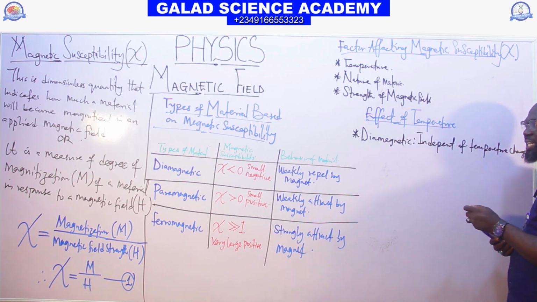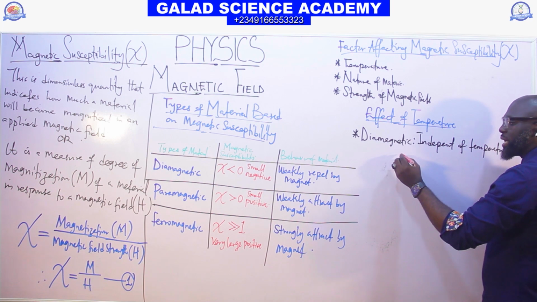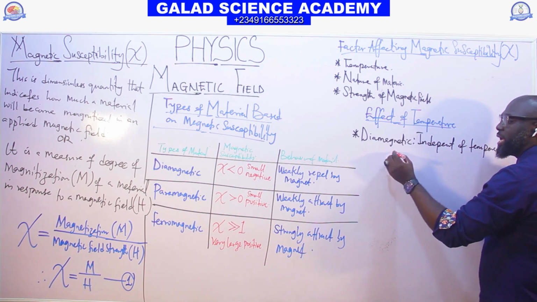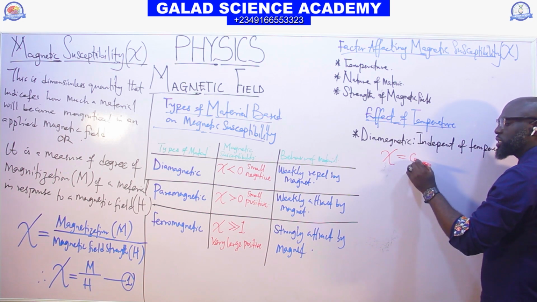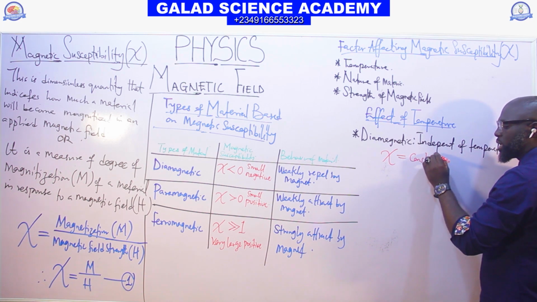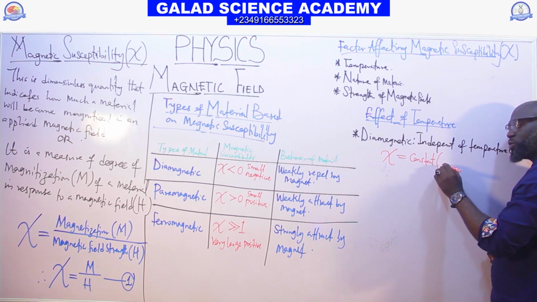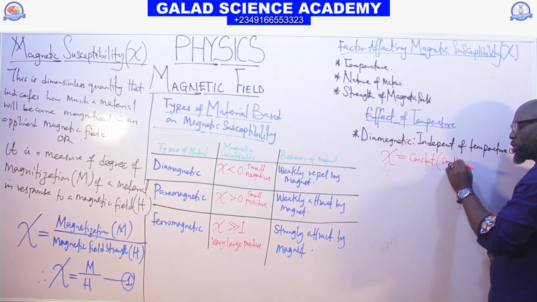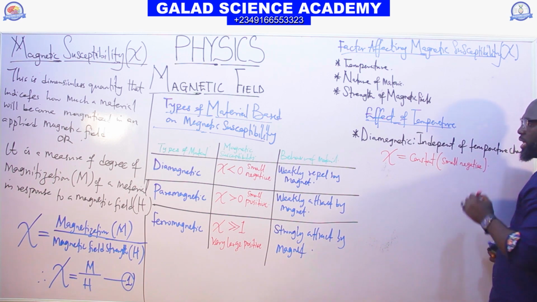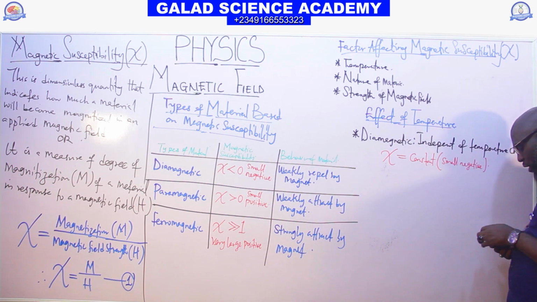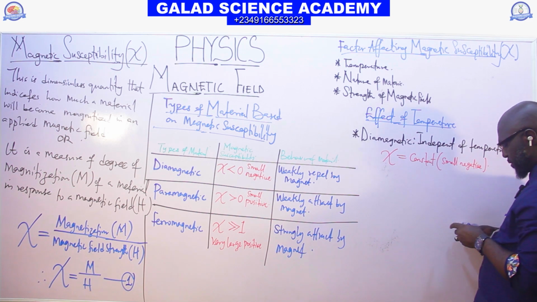So for that, we can say that the susceptibility for diamagnetic material should be constant. Constant, but don't forget it is small and negative.